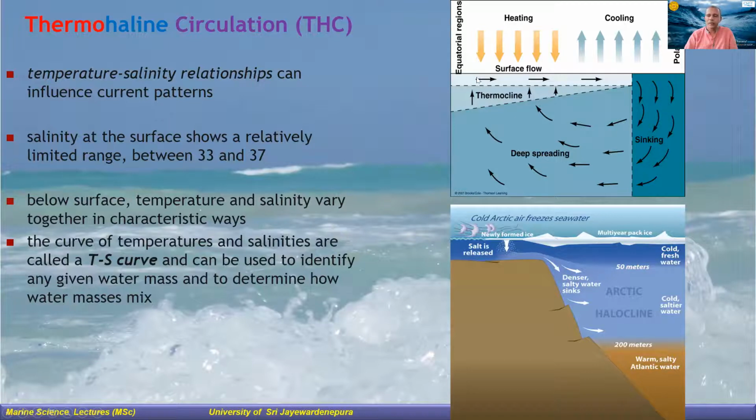We have already discussed the two-box model, because surface and bottom never mix in the equatorial region, especially if there is no overturn or upwelling. Because of the thermocline, the surface and bottom waters won't mix.